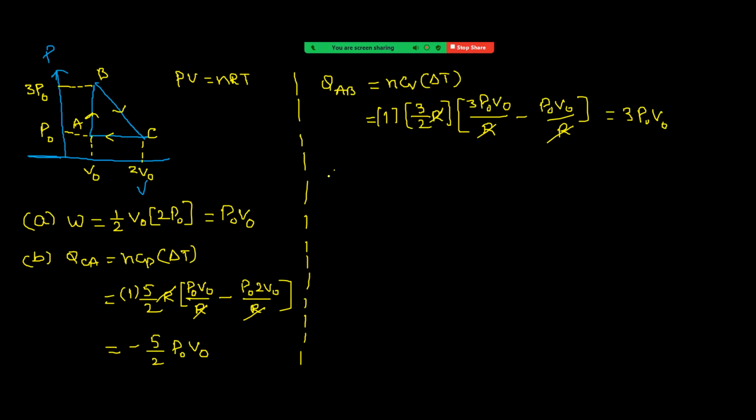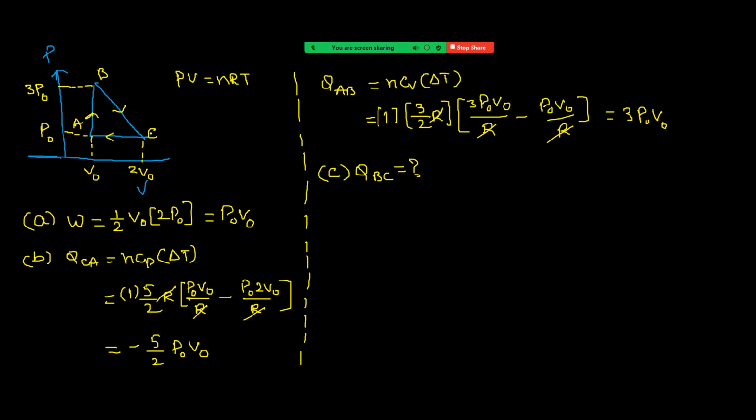And now see what we have to calculate next: the net heat absorbed by the gas in the path BC. In the BC process, we have to calculate the heat absorbed. For B and C, we know the temperatures.